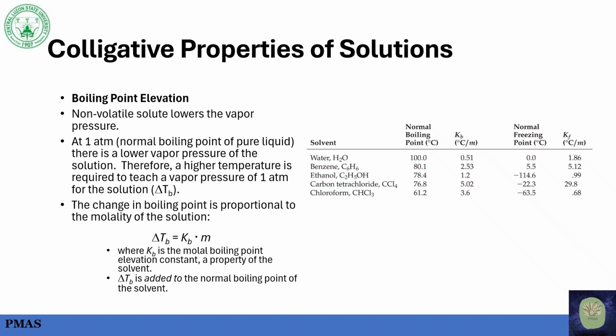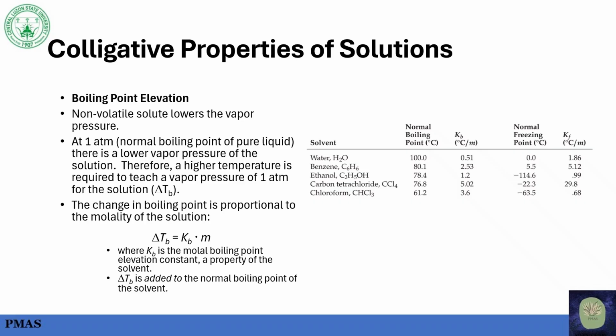Boiling point elevation is related to vapor pressure lowering, since the non-volatile solute lowers the vapor pressure. At 1 atmosphere, or the normal boiling point of pure liquids, the solution has a lower vapor pressure. Therefore, a higher temperature is needed to reach that vapor pressure to achieve boiling.